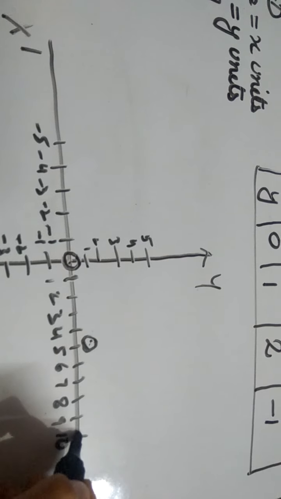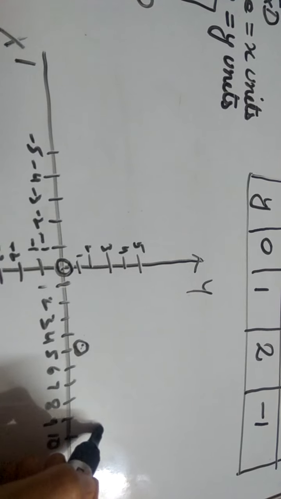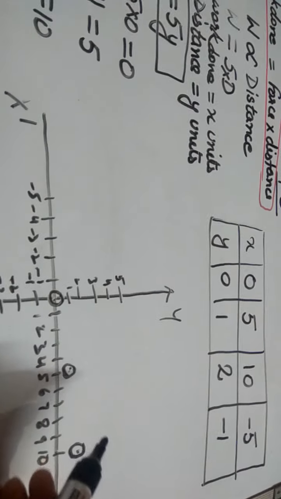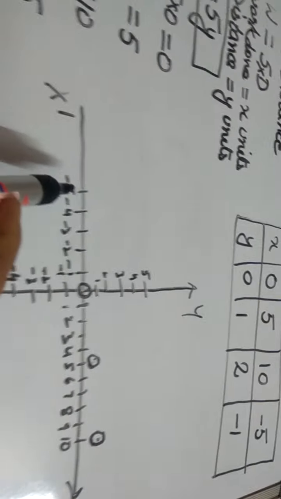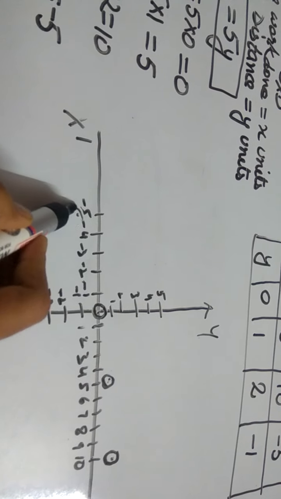Next, x is 10, y is 2. Here x is 10 and y is 2, so approximately you will mark it here. On the graph paper you will get the exact points. When x is -5, y is -1, so we will mark it here.